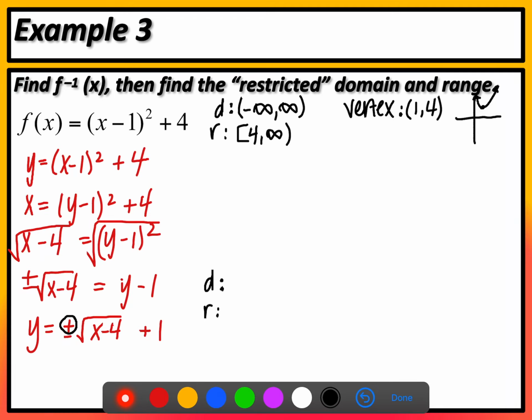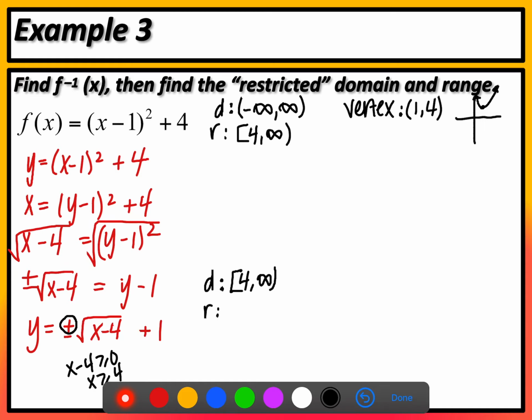All right, so the domain and range should swap. So I know in a square root, we would limit the range to be positive. So it should be x is greater than or equal to 4, and that matches what's coming from the original function.